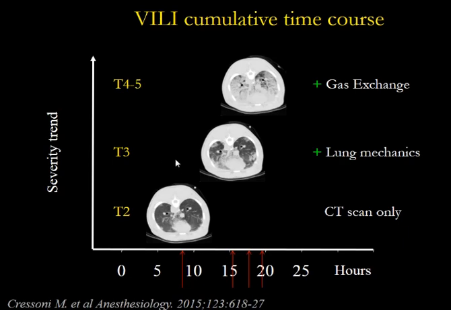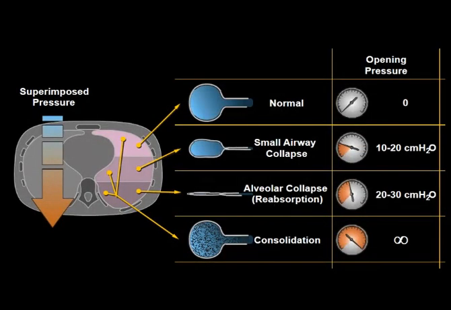The first lesion you can see only with the CT scan. Second, you start with the lung mechanics. When we have the gas exchange, the PF below 100, all the cow, beef, and so on already escaped a long time ago. But what is curious is that this kind of lesion induced by the mechanical ventilation is fully recruitable.